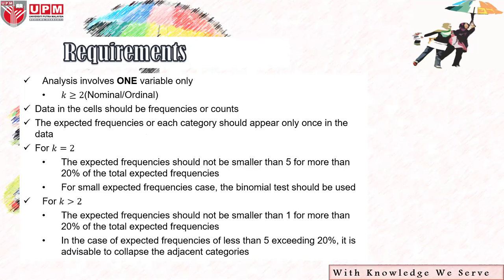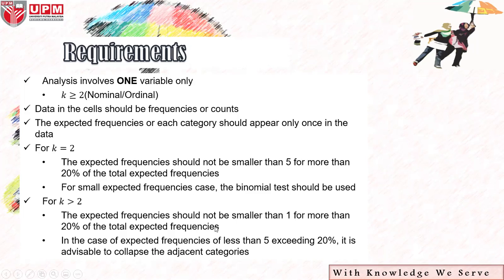Okay, for number of groups larger than 2, the expected frequencies should not be smaller than 1. If the number of groups equals 2, the expected frequencies shouldn't be smaller than 5. But for number of groups larger than 2, the expected frequencies shouldn't be smaller than 1, for more than 20% of the total expected frequencies.